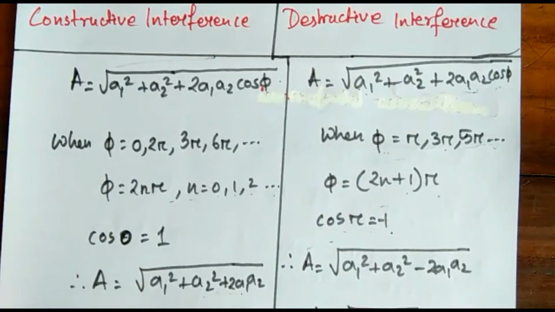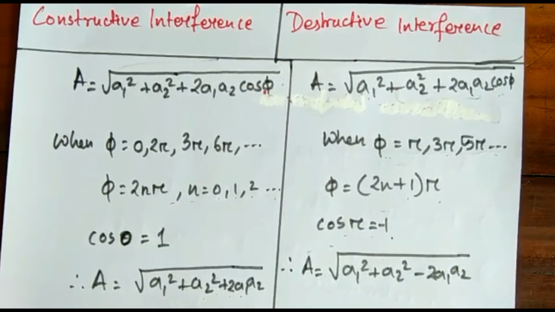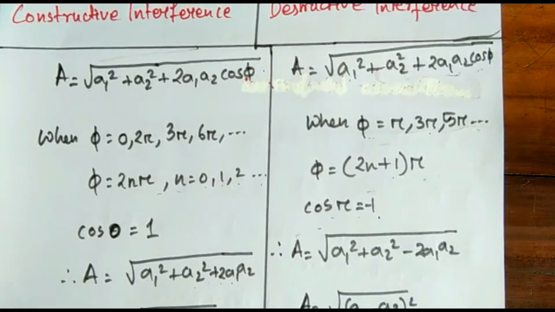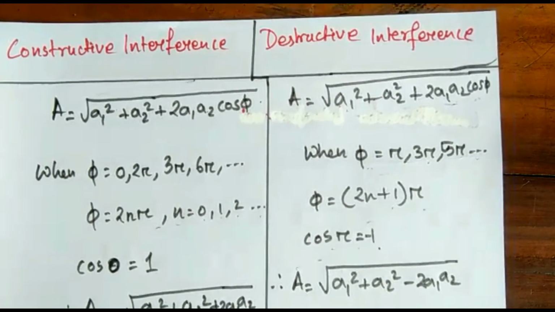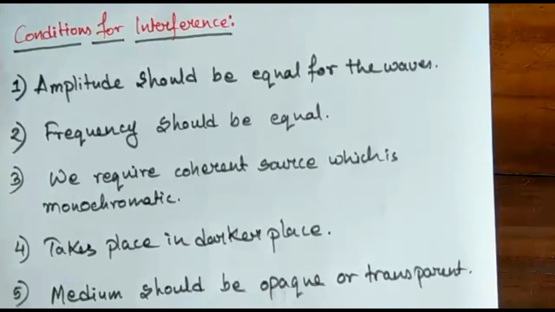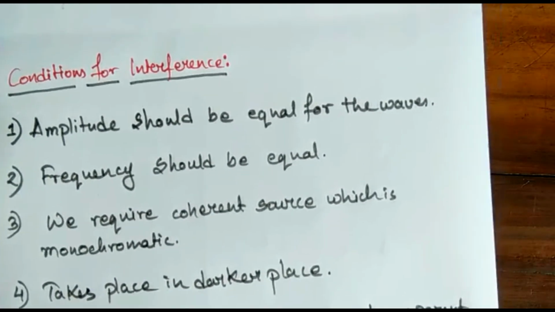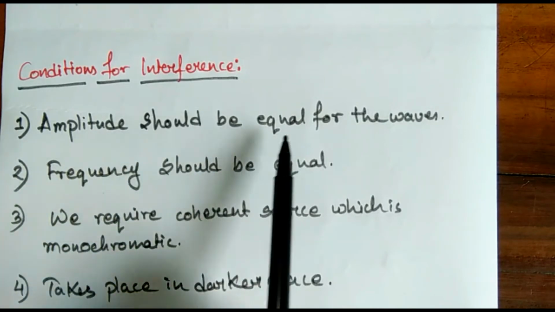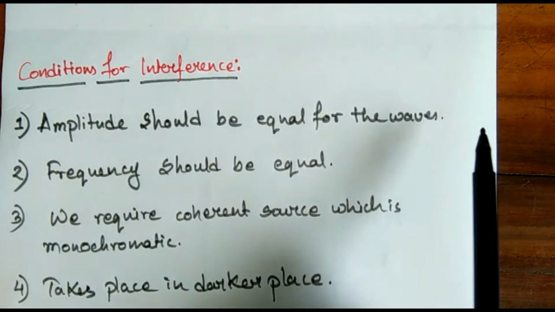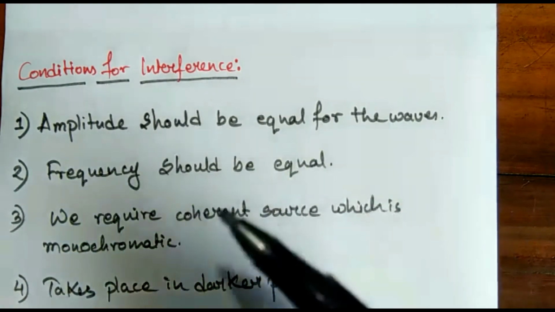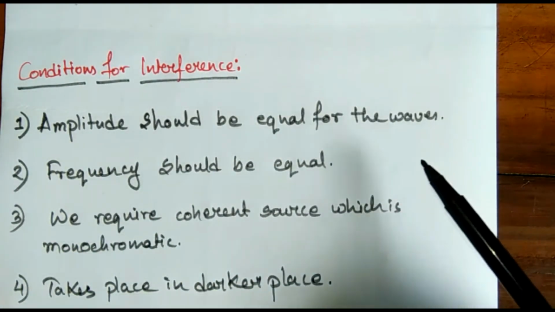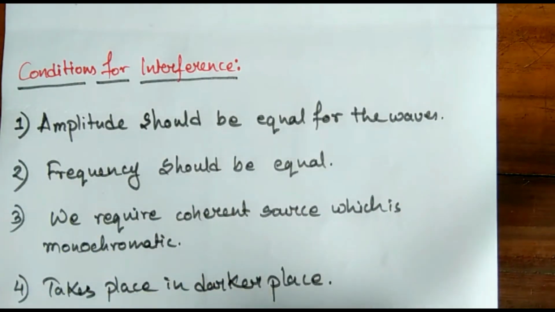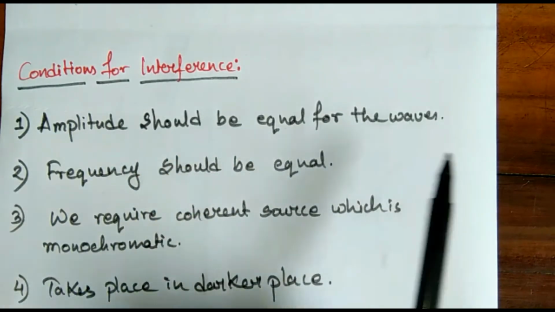So that was the mathematical derivation for the resultant displacement and constructive and destructive interference. Now we will see the conditions for interference. The first condition is that the amplitude should be equal for the two waves which we take at the start. For passing them in a single medium, the amplitude should be equal.